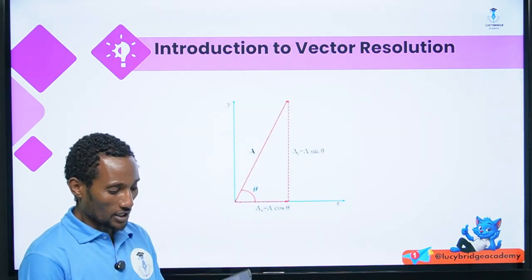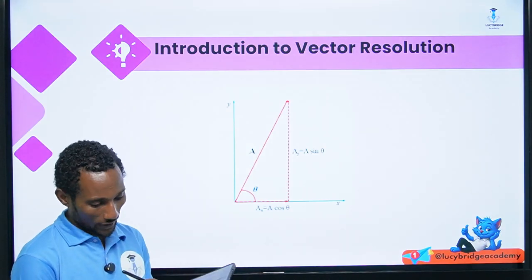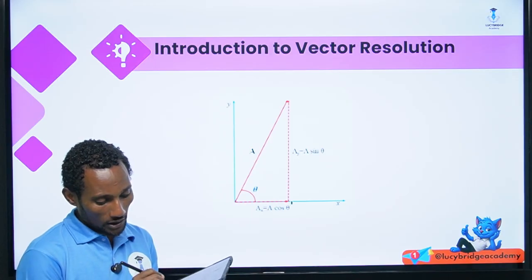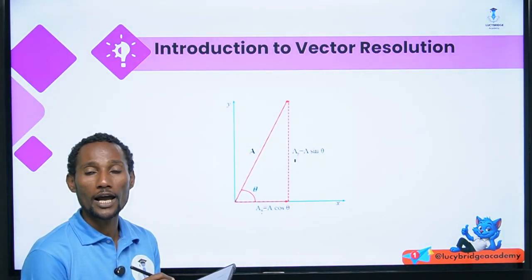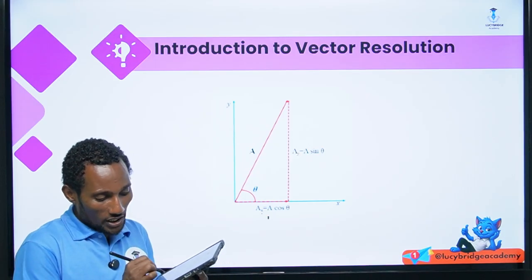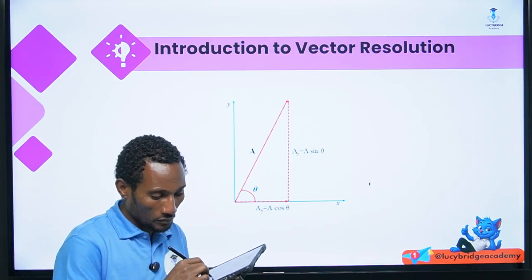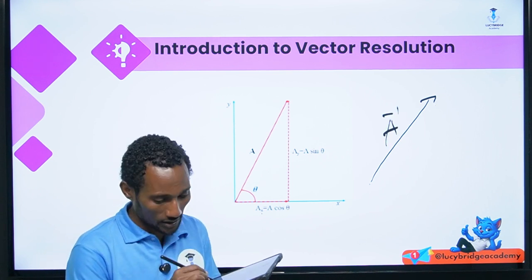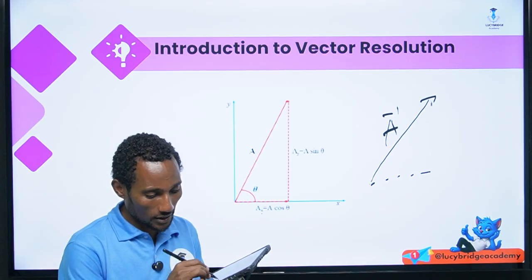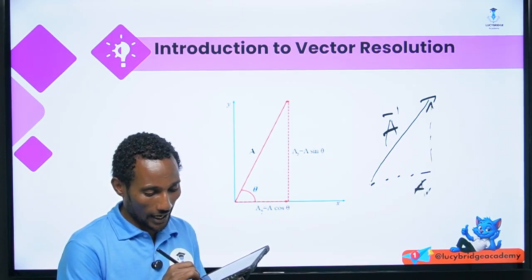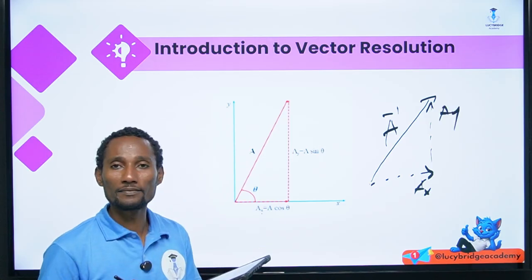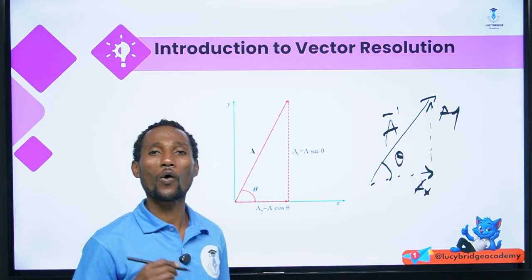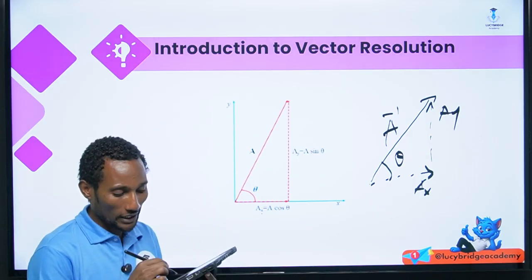So by having this, in the resolution of vector A, the vector A is converted to two components, AX and AY. AX, with the trigonometric property of the vector A, which looks like a hypotenuse. When we resolve it, into the two components AX and AY, A makes an angle theta, the original vector makes an angle theta.